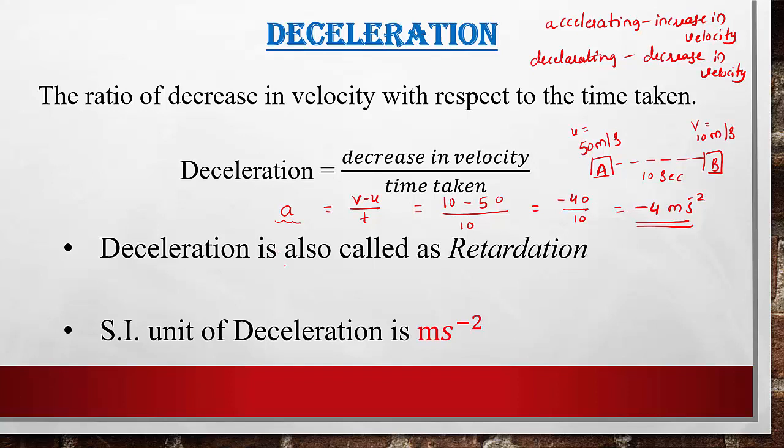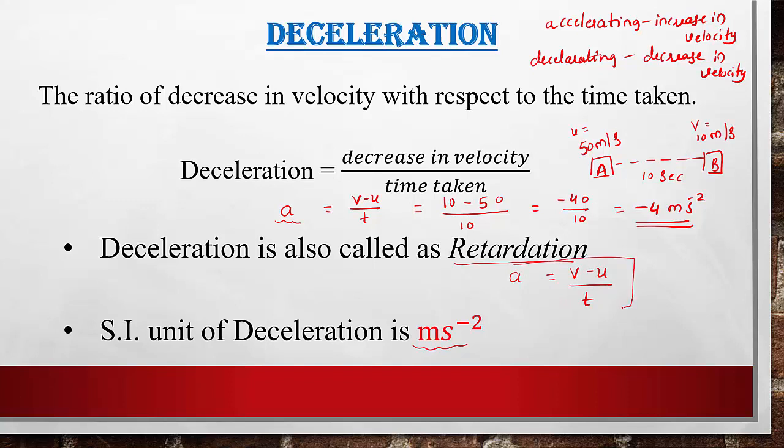Deceleration is also called retardation. The object is retarding. Retarding means its velocity is decreasing. The SI unit of deceleration is again meters per second squared, because retardation or deceleration is again denoted by the symbol a and the same equation (v minus u) divided by t.